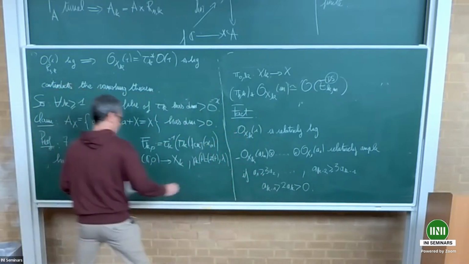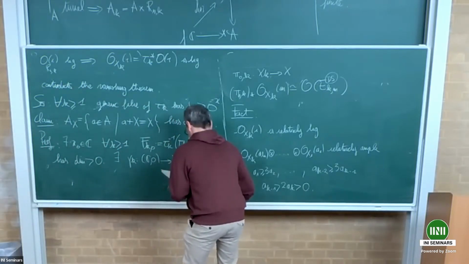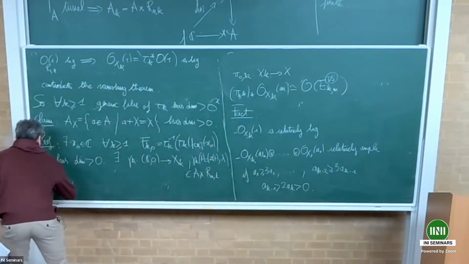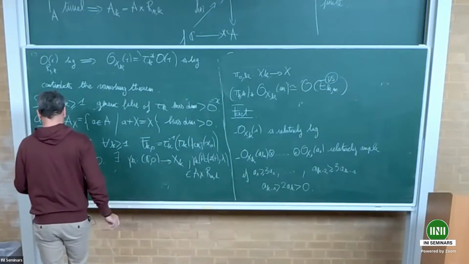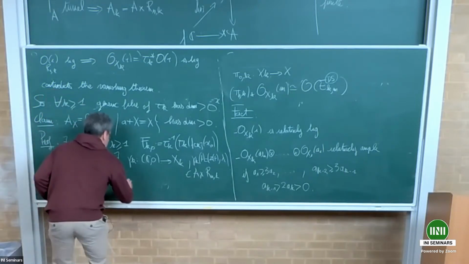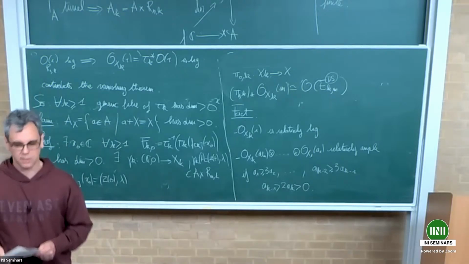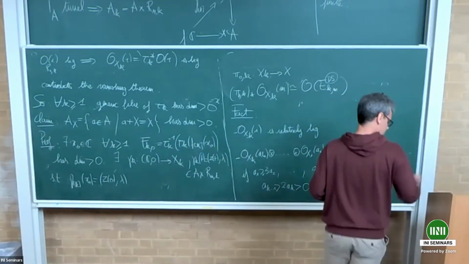So this lives in the jet space here, and such that the k-jet of x0 is equal to z_0 lambda. I've just written the definition that the fiber is positive dimensional.